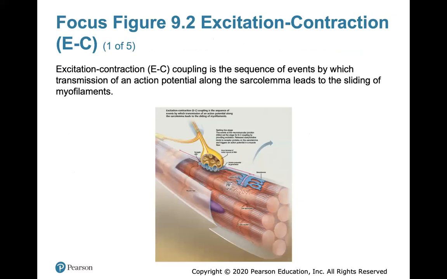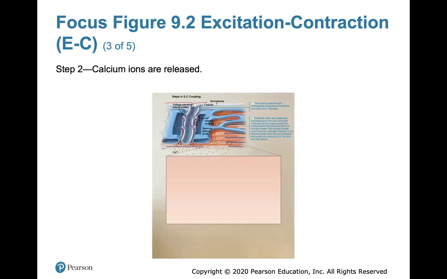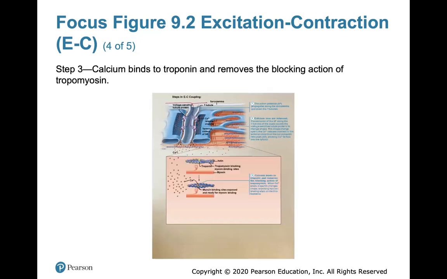So here's a look. Excitation-contraction coupling, again, is the sequence of events by which the transmission of an action potential along the sarcolemma will lead to the sliding of the myofilaments. Step one is that the action potential propagates along the sarcolemma down the T tubule, releasing calcium ions from the sarcoplasmic reticulum.